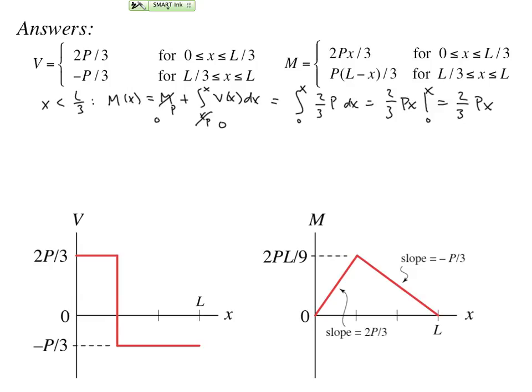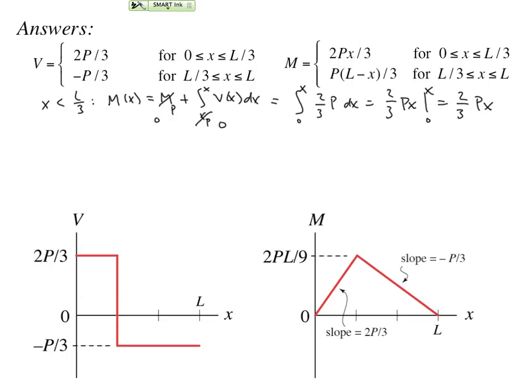This holds between x equals 0 and x equals L over 3. At L over 3, our moment doesn't change, but its slope does. The value of the moment at x equals L over 3 as we approach L over 3 from below is 2/3 P times L over 3 equals 2/9 PL.